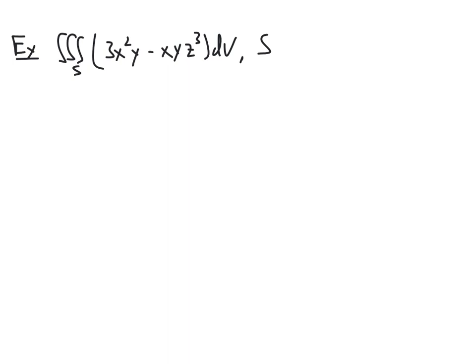All right, so let's take a look at an example. So let's say we wanted to evaluate the triple integral of the function 3x squared y minus xyz cubed dV. And my region S in my rectangular box here is going to be the box defined by [1, 3] cross [-1, 2] cross [0, 2].